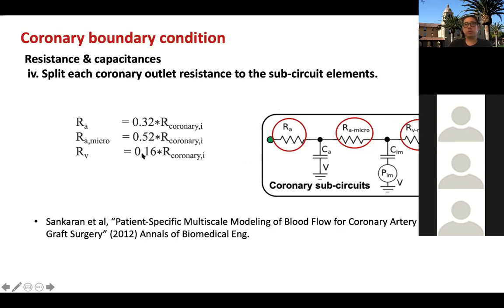The sum of these 3 factors is 1. The ratio between these 3 elements is 0.32, 0.52, and 0.16. The ratio is derived from animal experiment data and previous studies, so you can borrow these values for coronary artery modeling.